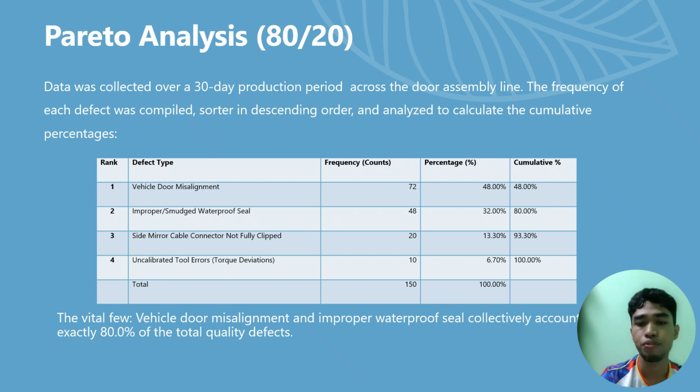Together, these two defects contributed 80% of the total defects. This follows the 80/20 principle, where a few major causes create most of the problem. Therefore, the company should focus on these critical defects first.